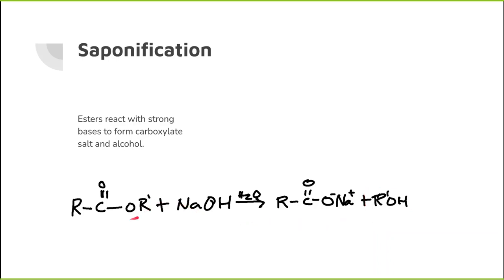So this R comes off and forms ROH with this hydroxy group, and the sodium comes in and is attracted to this negative oxygen there, and you get your carboxylic acid salt.